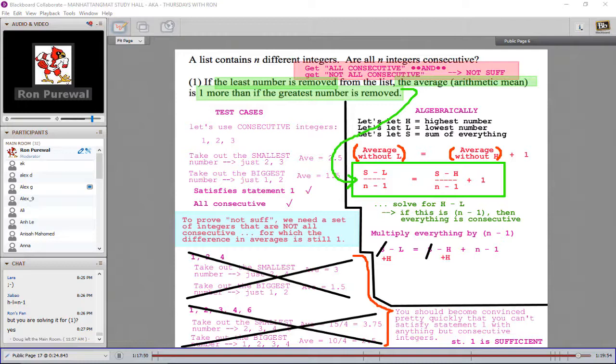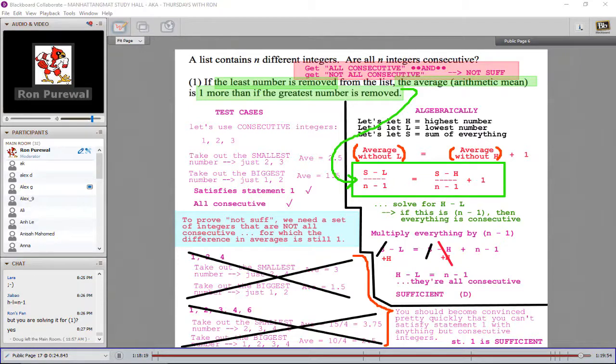That's going to knock out h over here. And so you actually get h minus L is exactly n minus 1. So that shows you that you have consecutives. They're all consecutive. So that's sufficient.